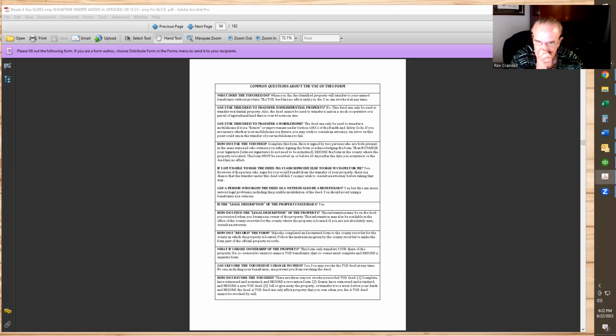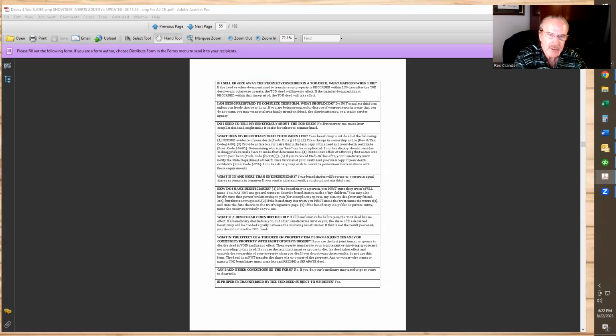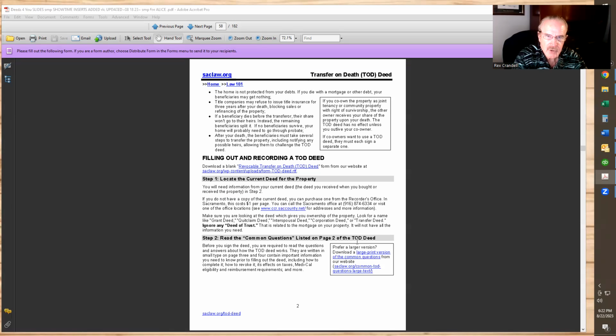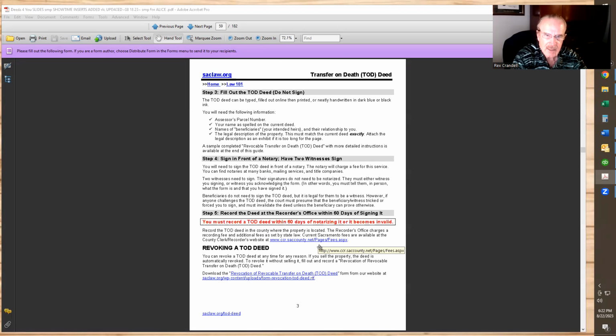This is the instruction that comes with the form when you're filling one out, if somebody was trying to do a do-it-yourself deed. And it gives all the specificity on what needs to be done. The instructions are good in terms of how to get the document filled out. I mean, you can get it filled out.